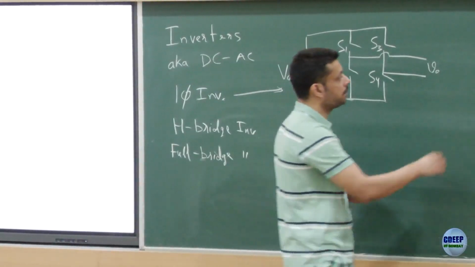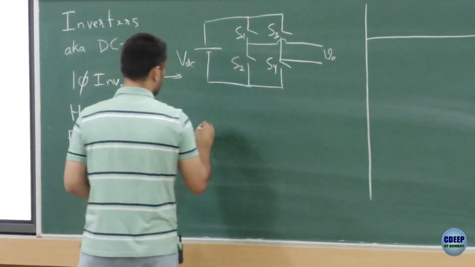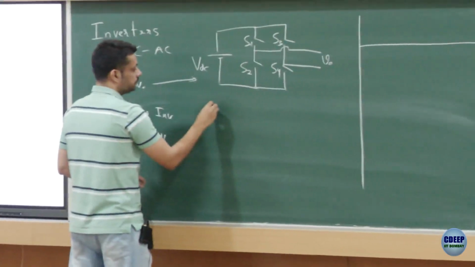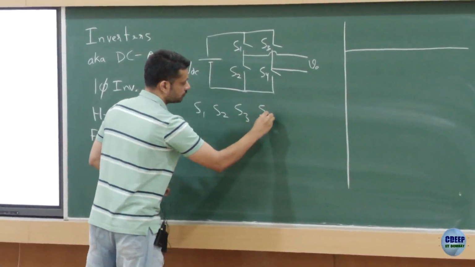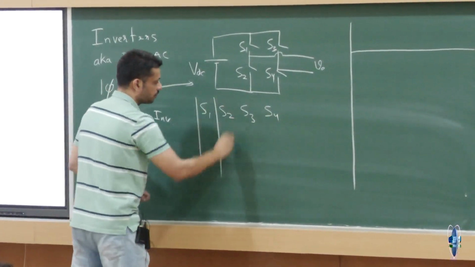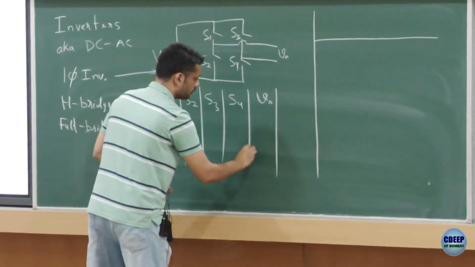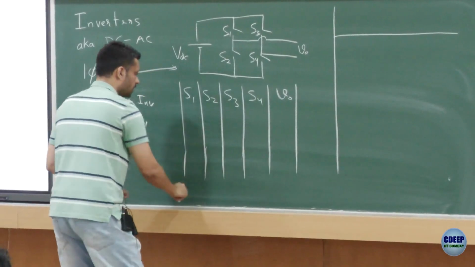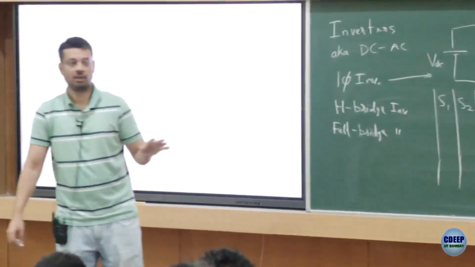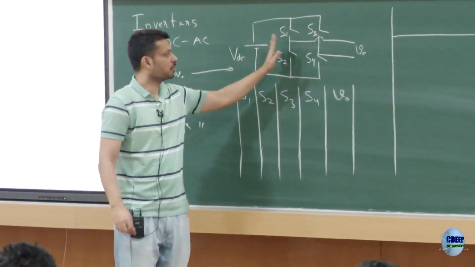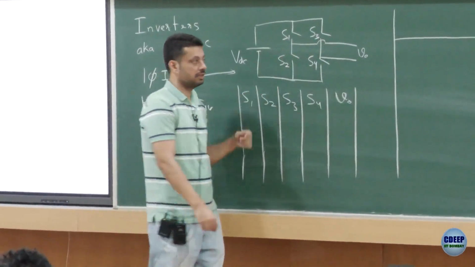How does it operate? Right, so you have four switches, so you can turn on some switches, turn off some switches, and in some combination you will get a certain output voltage, in some other combination you will get a different output voltage, right?